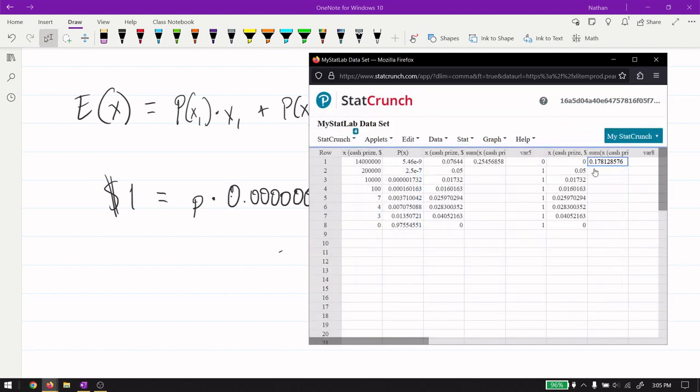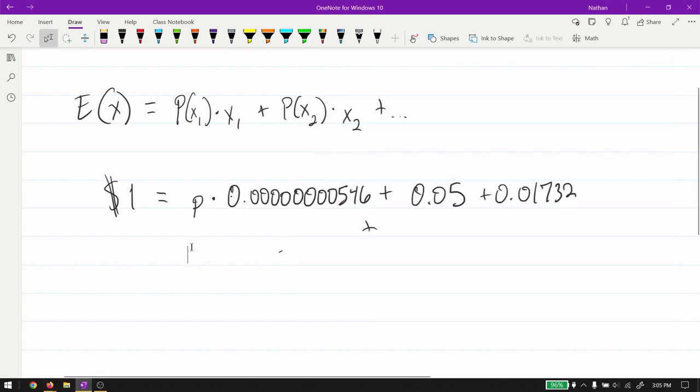So these are the probabilities, or the expected values, I should say. They're kind of like the expected amounts from these 7 values for everything less than the grand prize. So really what this is boiling down to is we're adding up all these things to give us that $1.